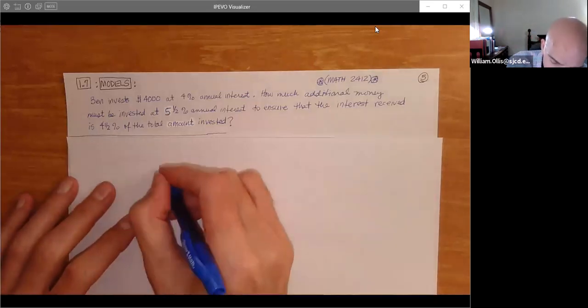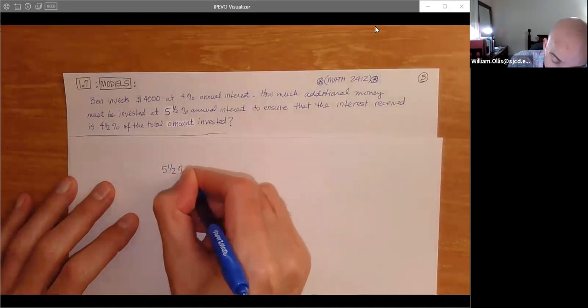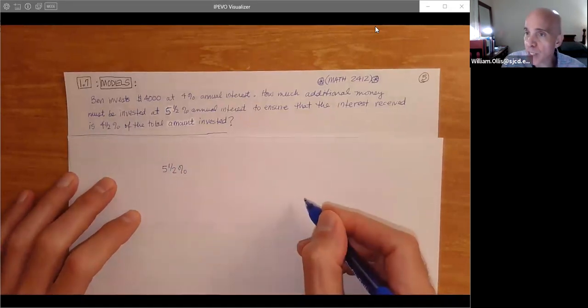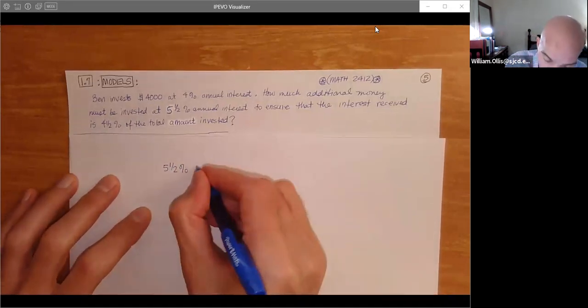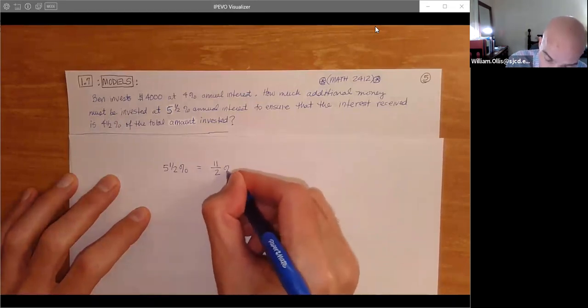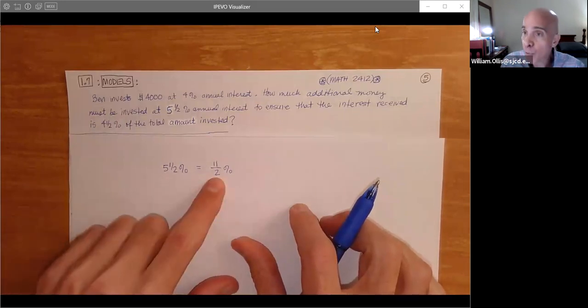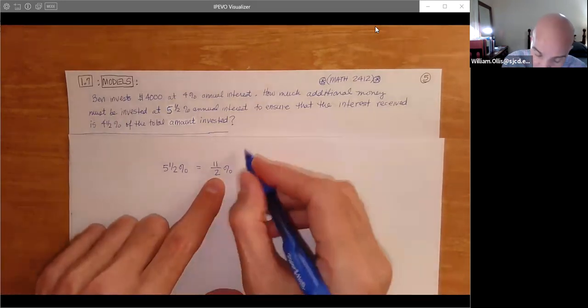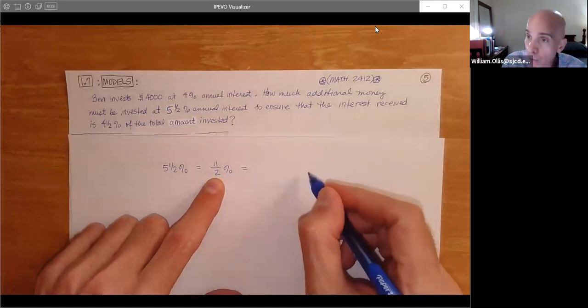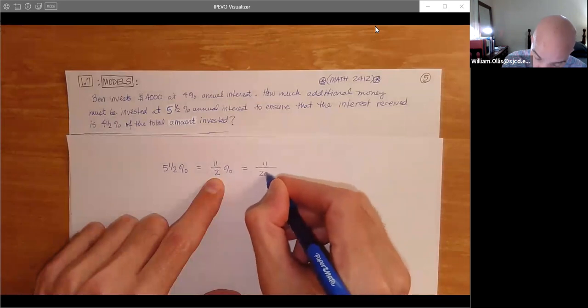First, if you have 5.5%, I want you to use fractions to represent the percentages. So remember, this would just be the same as 11/2% if you wrote 5.5 as an improper fraction. And then of course, the definition of percent, you divide by 100. So that's what this equals.